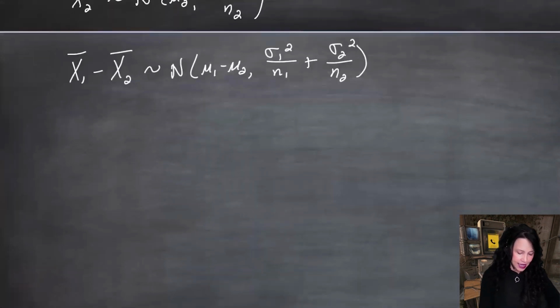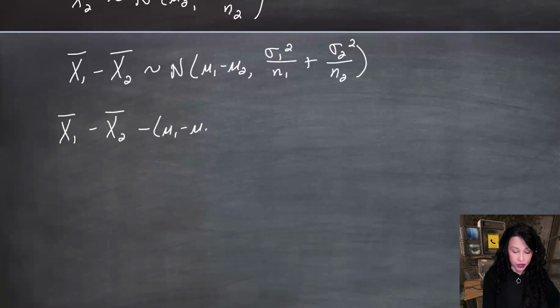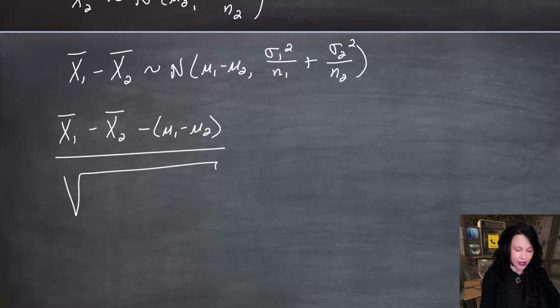And this means that X1 bar minus X2 bar minus (mu1 minus mu2) over the square root of, I keep putting the sigma 1 and sigma 2 in there. I guess it's okay because I wrote above that they're both equal to sigma squared, but let me take that out.